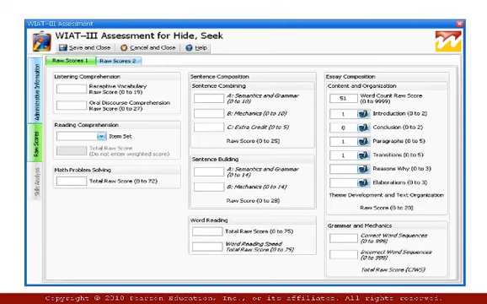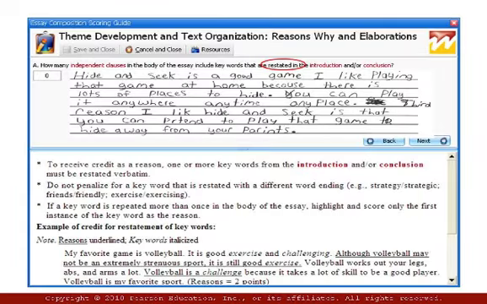And then you'll go to reasons why. And reasons why will walk you through the process. It'll start first with criterion A, restatement. How many independent clauses in the body include words that are restated? Well, he didn't state anything in the introduction, so there's clearly no restatement.